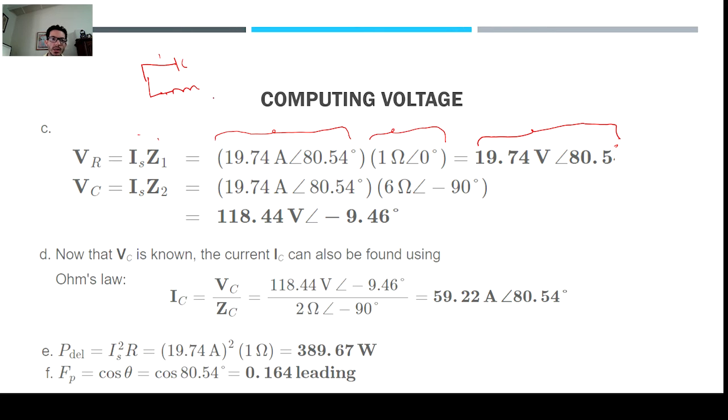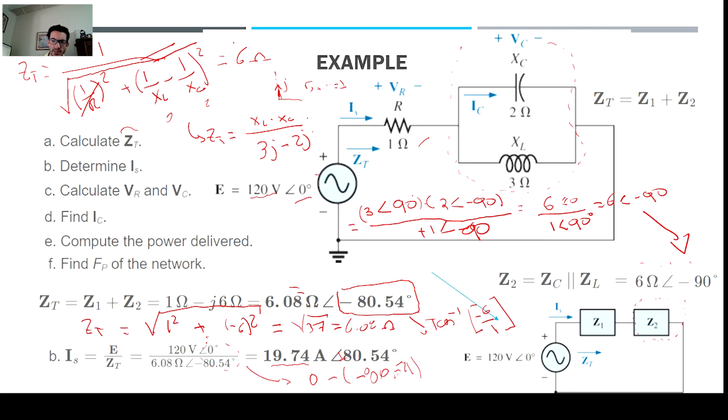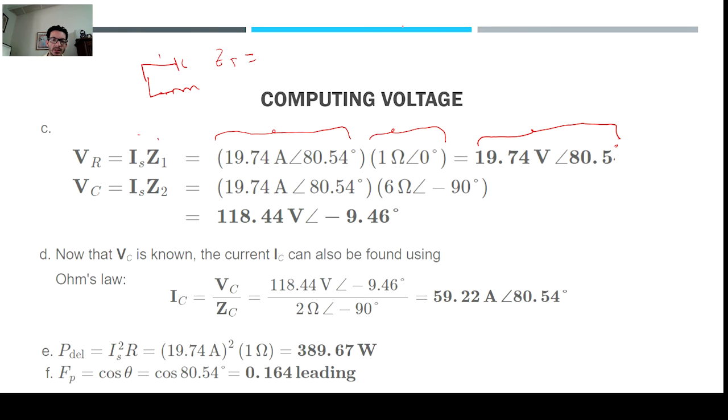So by computing the voltage through any of them, we know both because they're the same. So we can do Ohm's law again, and we simply have to do the total impedance of element 2 or network 2, which was computed here, 6 ohms and negative 90 degrees. So that's what we have here, correct? We have the current source times 6 at negative 90 degrees.